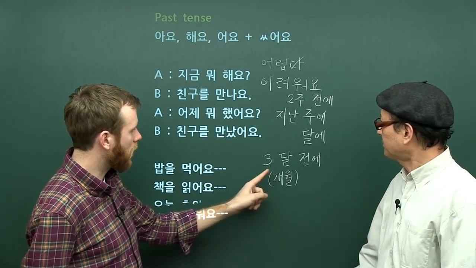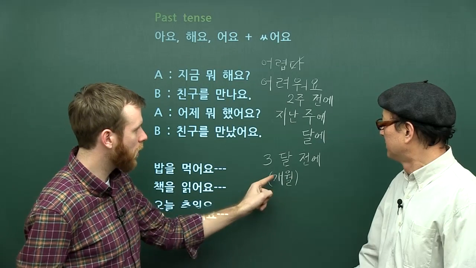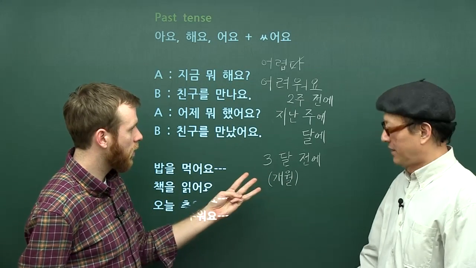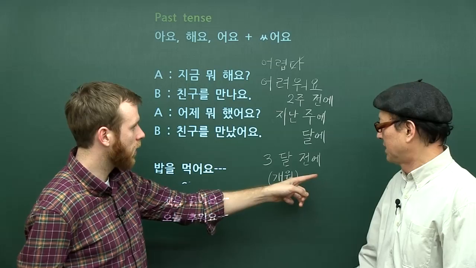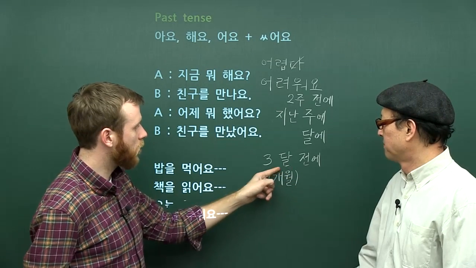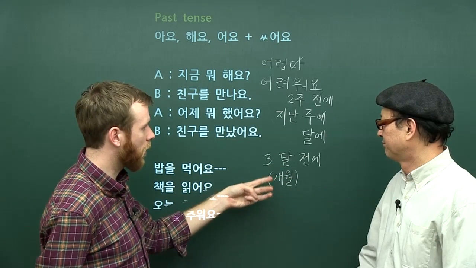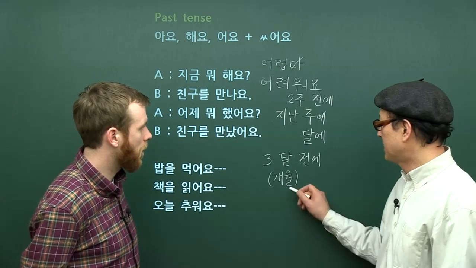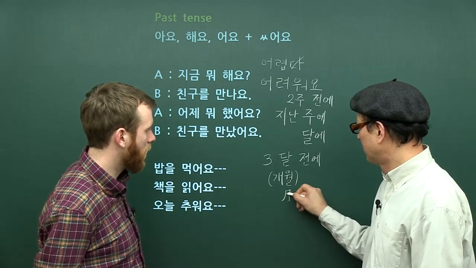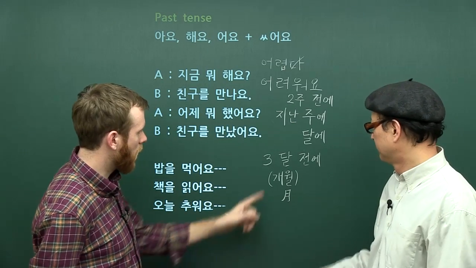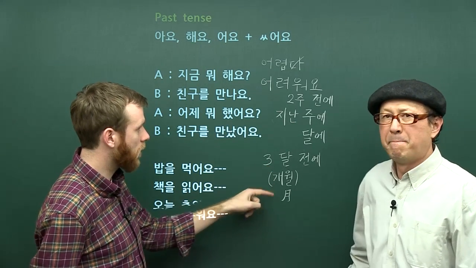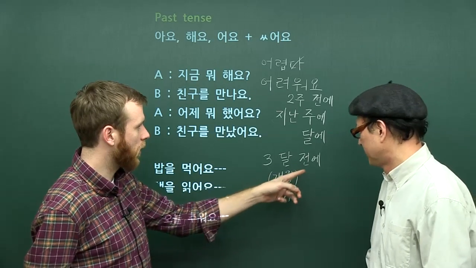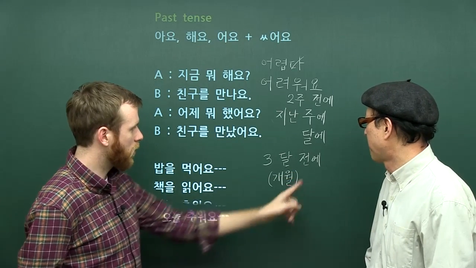If I read this way, because it's pure Korean, should I say 세? Okay, so 세 달 전에. Again, because I'm using it with 달, I use pure Korean numbers. With 개월, 이거는 이제 한자예요, from Chinese characters. So instead of saying 세, I would say 삼. Okay, 3개월 전에. I still use 전에 with that.